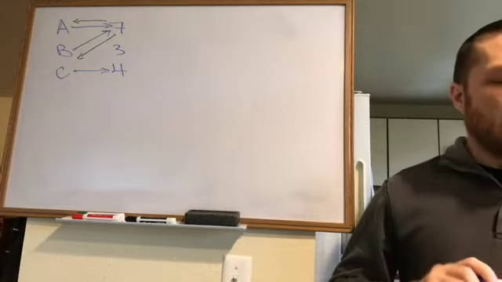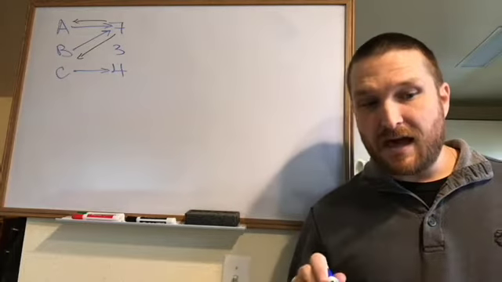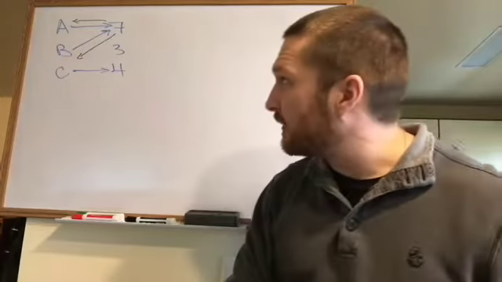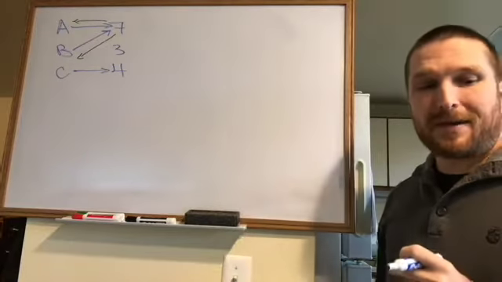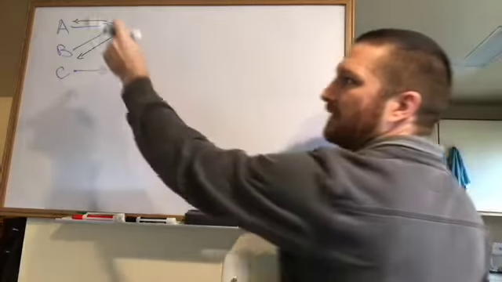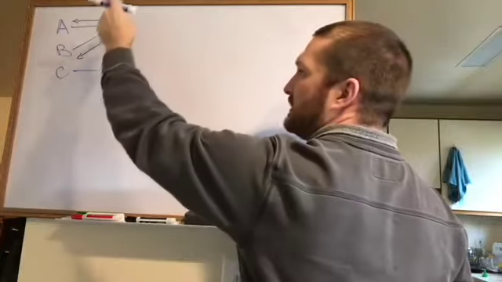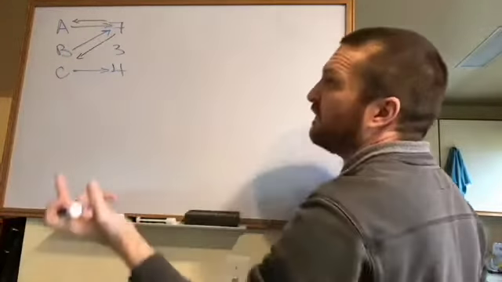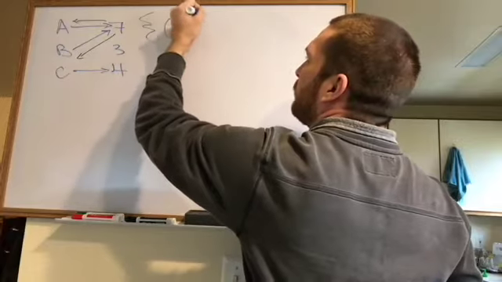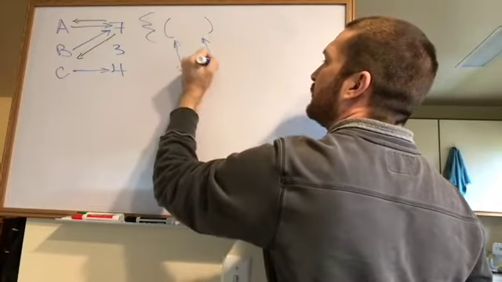So, okay, now I noticed in your book that they gave another way of relating these things together. They gave ordered pairs, right? And so this is just another way we could define this function right here, going from A, B, and C to 7 and 4. They said that we're going to have ordered pairs of inputs here and outputs here.